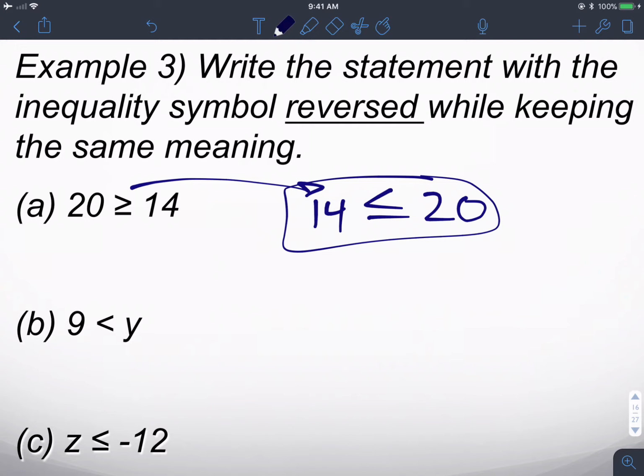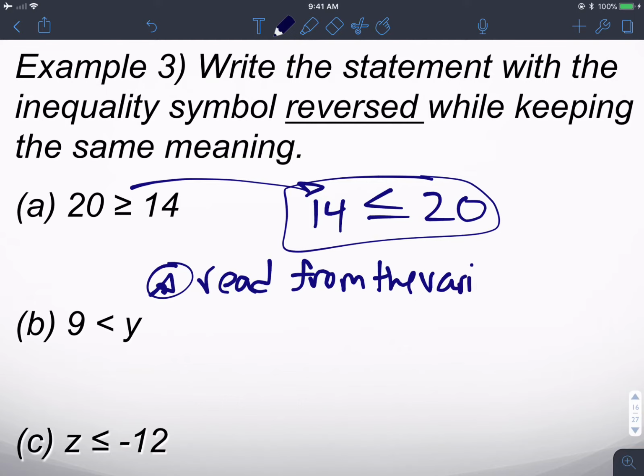So now it reads 14 is less than or equal to 20. This says 9 is less than y. But it gets a little tricky with the variables, because if you read the variable, you can read it as y is greater than 9. So I don't know if this will help you or not, but consider read from the variable. Might make more sense.